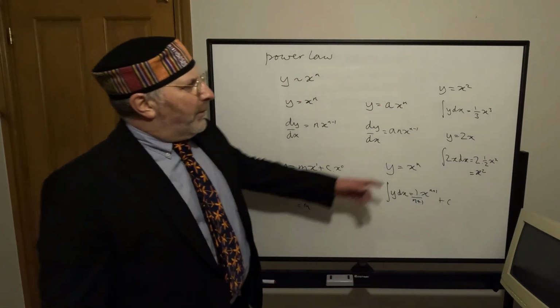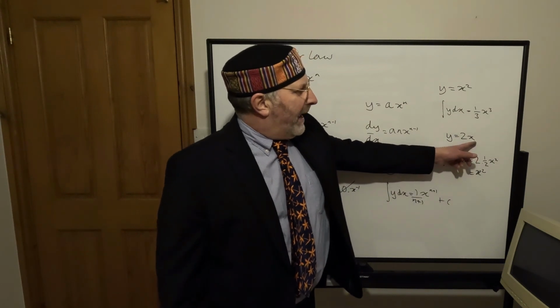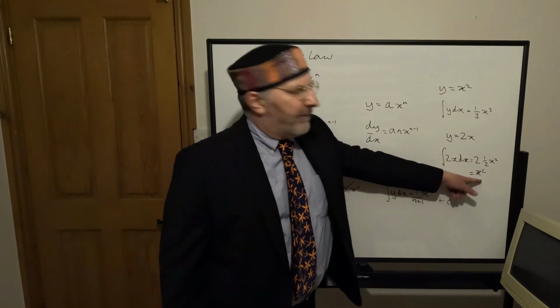And of course that is what we found before, that x squared has the derivative of 2x, 2x has the antiderivative of x squared.